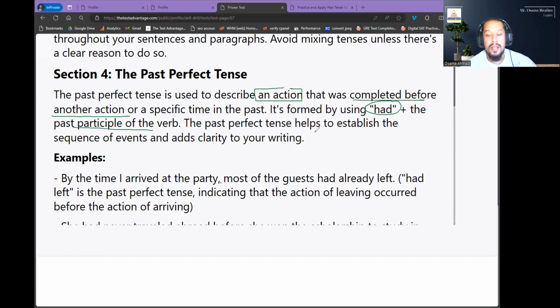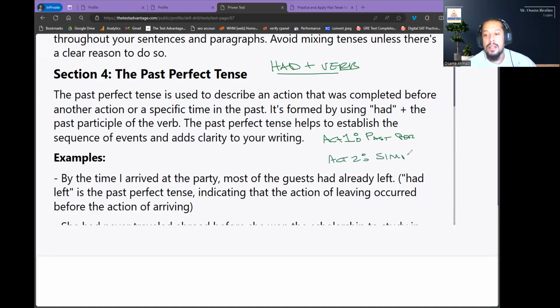The past perfect tense helps establish a sequence of events. So past perfect is had plus verb. Action number one receives past perfect. Action number two receives the simple past.